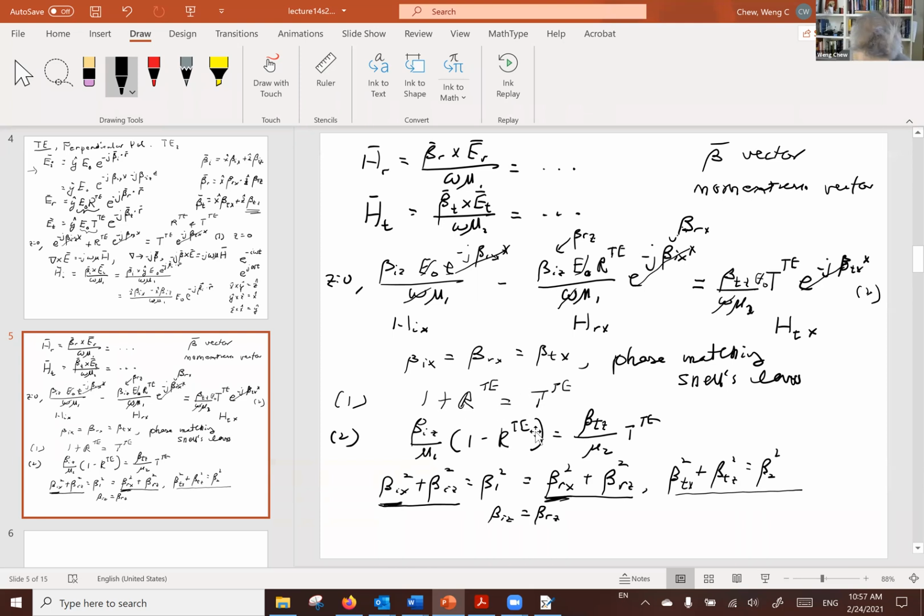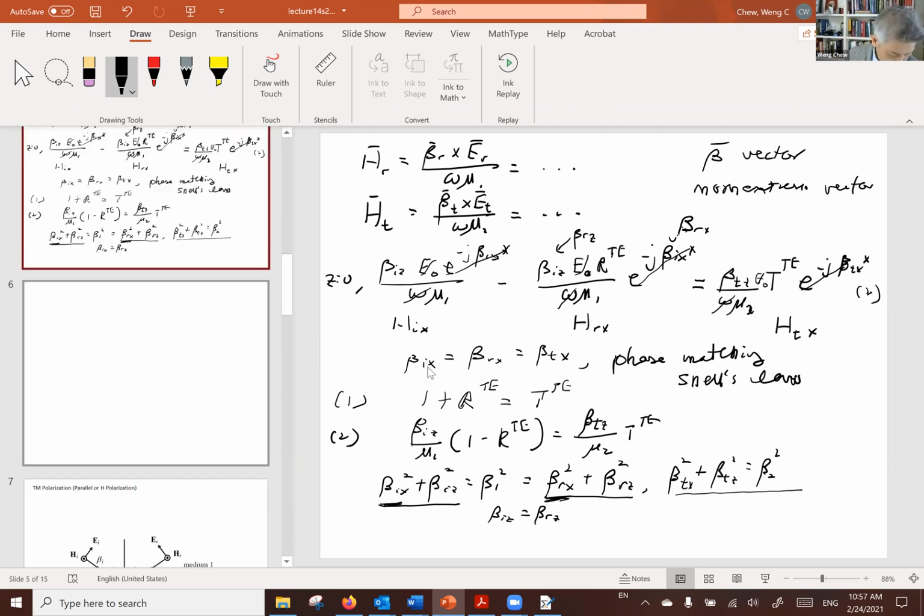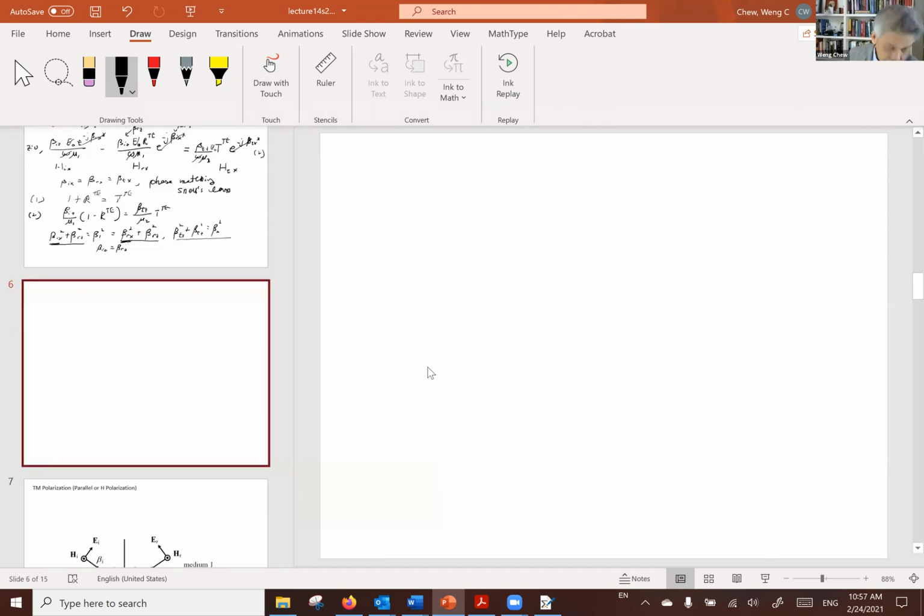Then I have two equations and two unknowns that can be easily solved with the notion that beta Tz is not the same as beta Iz. Okay, so two equations, two unknowns. It will be straightforward algebra. You can solve them. I'm not going to go into the detail of solving them, but I just tell you the results.